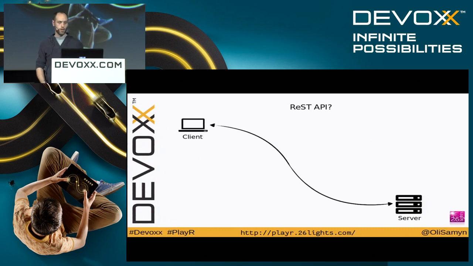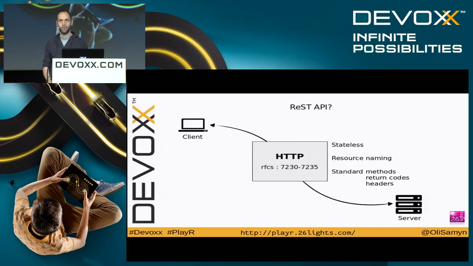A few things about REST APIs. REST APIs are just an idea to say, okay, let's use HTTP as the protocol between our client and server, use all the features of HTTP, and don't try to write your own protocol. So if you need to update something in your database, don't write a JSON that says, I want to update this.